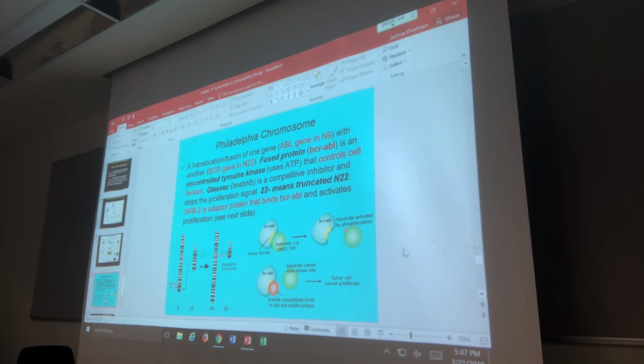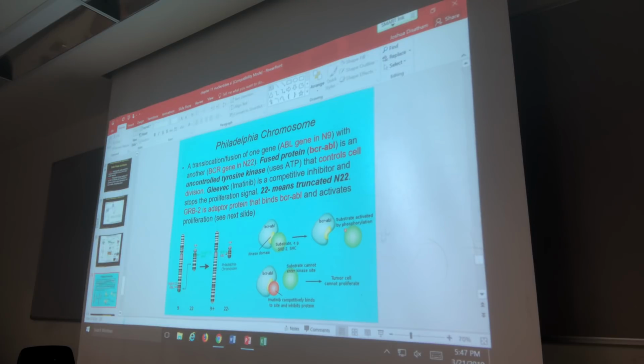We have a certain number of chromosomes that you have to remember in the genetics course. Sometimes two different chromosomes can spontaneously fuse together. And in this case, the fusion of two parts of two chromosomes actually creates a gene that normally doesn't exist.